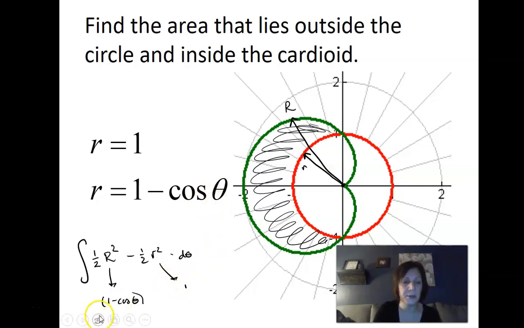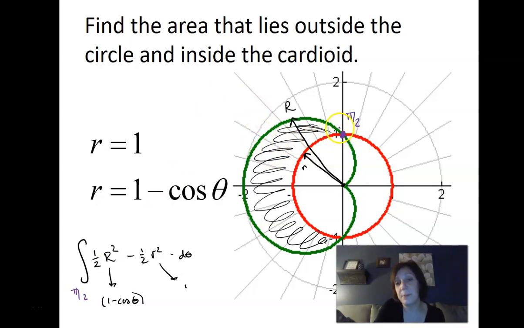So let's figure out some limits of integration. It looks to me they come together right here at pi over 2, right? So at pi over 2, the circle should be at 1, check. The cardioid should be at 1, right? So that's that point right there. That seems like a good place to start, right? Pi over 2.